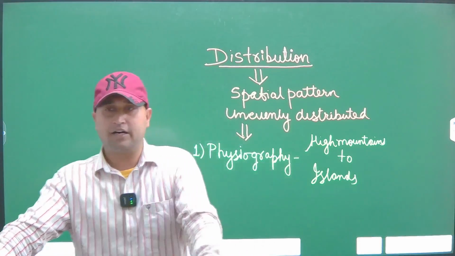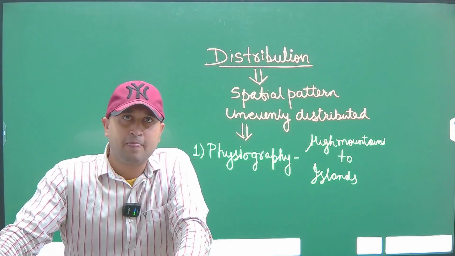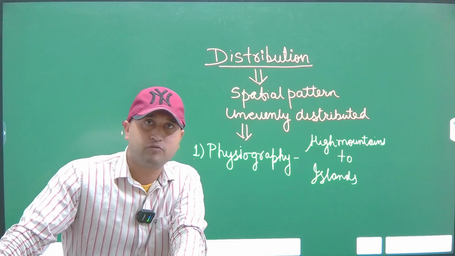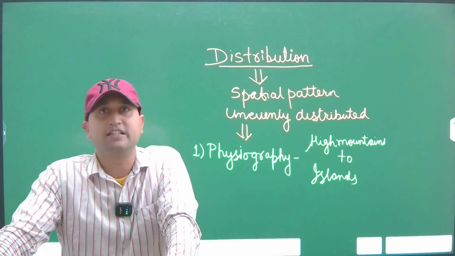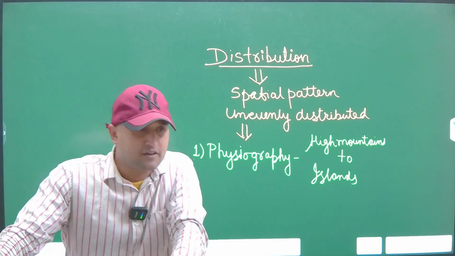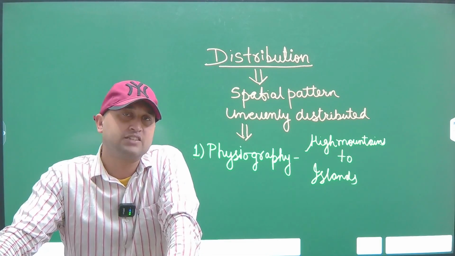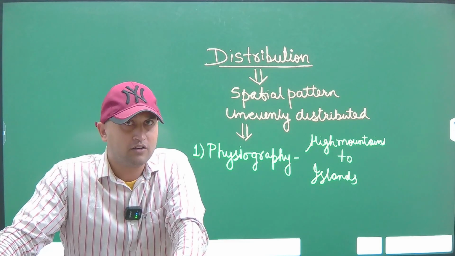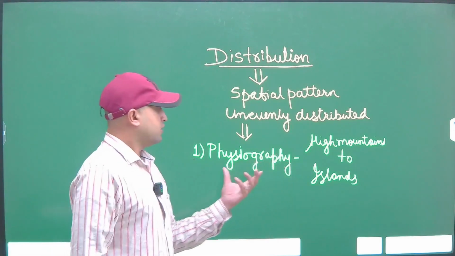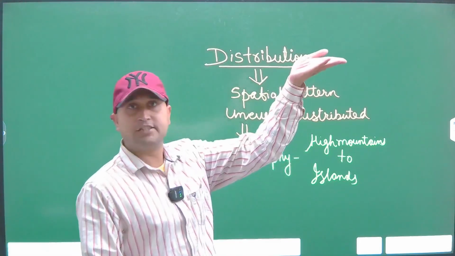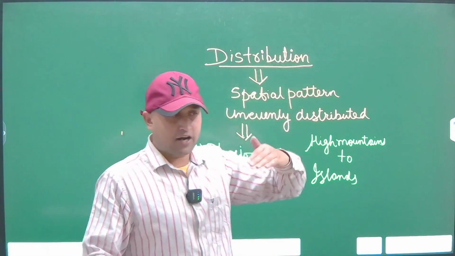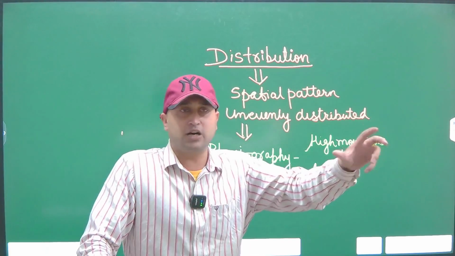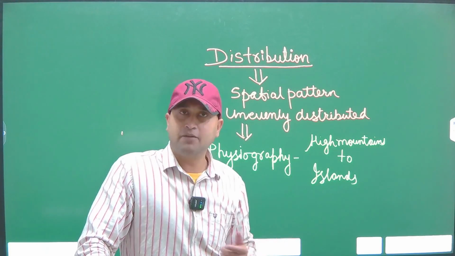Like in the Meghalaya region, we have very heavy rainfall, but in some districts of western Rajasthan, the areas near the Thar desert, they experience very scarce rainfall. Some areas are at high altitude, and some are very close to mean sea level.